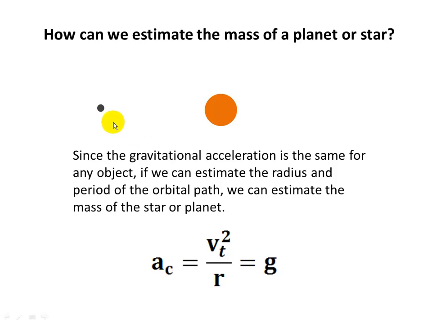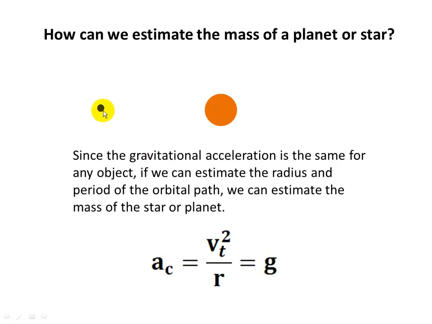Well, if we know the average radius of that orbital path, and we know how long it takes to traverse that path, then we can figure out the tangential velocity of the object going around the distant star, let's say. And if we can figure out the tangential velocity and we know the radius, then we can take the velocity squared divided by the radius and find the centripetal acceleration, which is due to gravity.